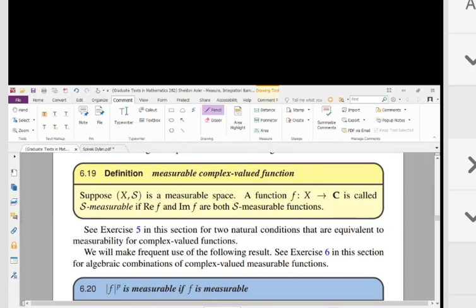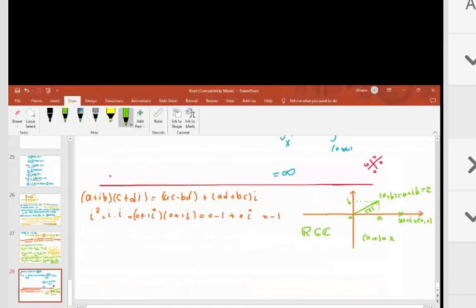for any function such as f from X to C, Re f is a function from X to R, and Im f is a function from X to R, and f equals Re f plus i Im f.